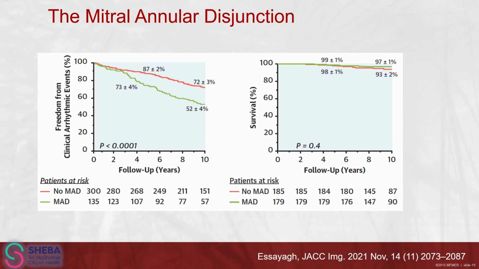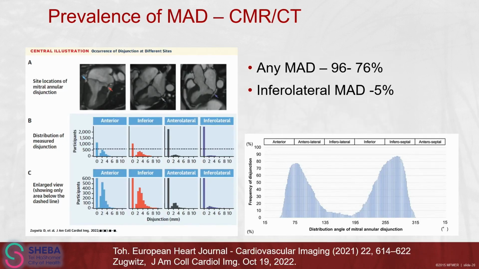Now, adding to the confusion is the fact that if we use CT or MRI to look at the entire circumference of the mitral annulus in unselected individuals, you can find segments of MAD in almost every patient, making this actually a normal finding.